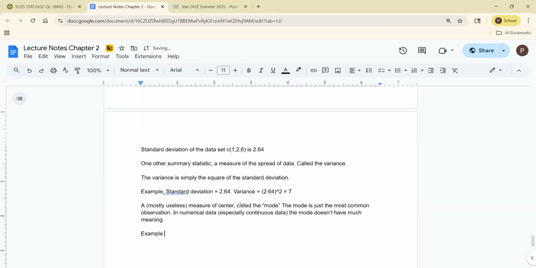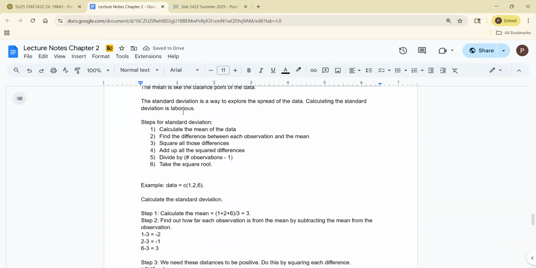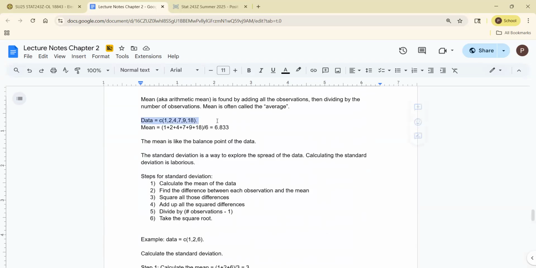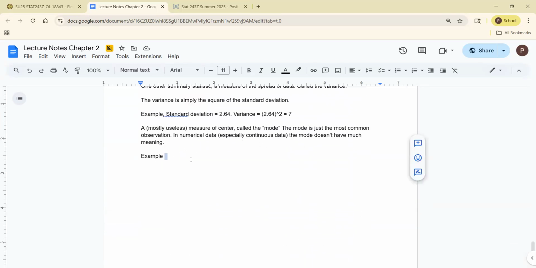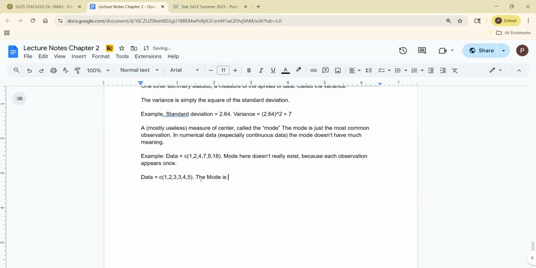So here's a short example. Let me use, for example, 1, 2, 4, 7, 9, 18. The mode here doesn't really exist because each observation appears once. A mode would show up if you had something like 1, 2, 3, 3, 4, 5. The mode is 3. It's the most common observation.